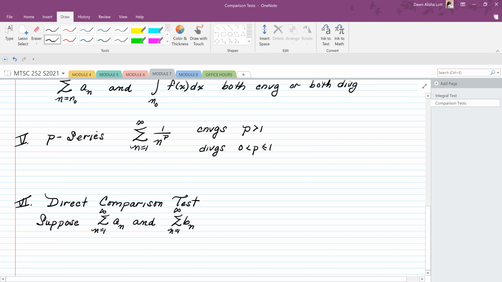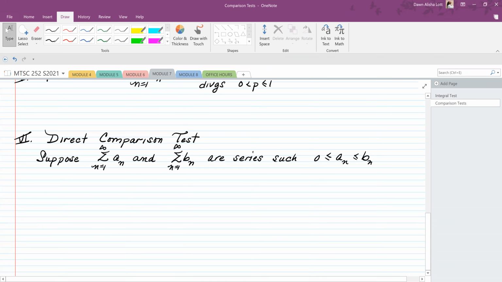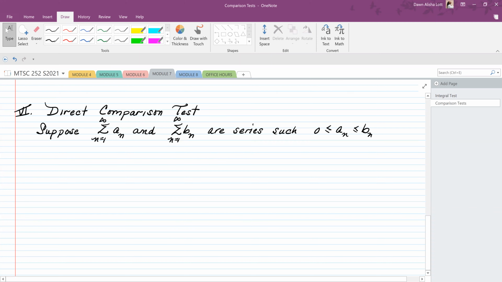Okay, and these are series such that 0 is less than or equal to a_n is less than or equal to b_n for all n. Okay, so these series all have positive terms, and I can show that the a_n is always less than or equal to the b_n. So 2 things are true.